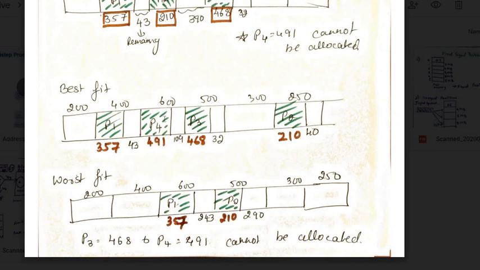And finally P4 is 496. So 600 is there, so 600 could be allocated to P4 again, and the remaining is only 104. So according to this, all the processes have been placed in the available holes, and the wastage is also not more.